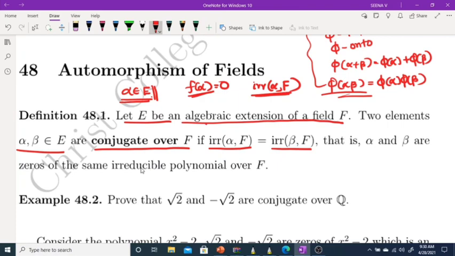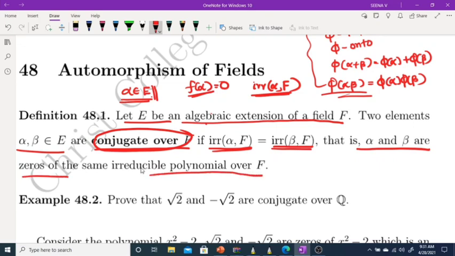Just recall our previous theorems. That is, alpha and beta are zeros of the same irreducible polynomial over F. Hope the definition is clear.